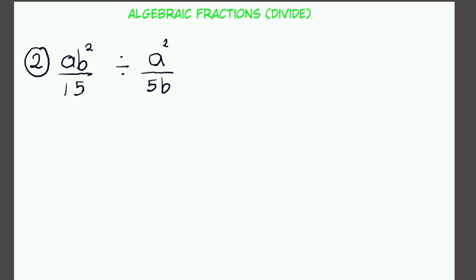Let's do that. So now we have ab squared over 15 multiplied by 5b over a squared.